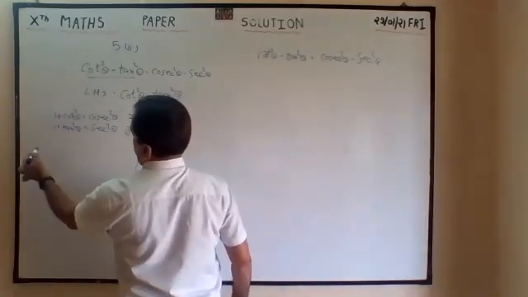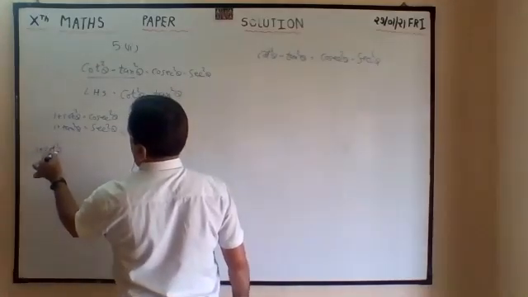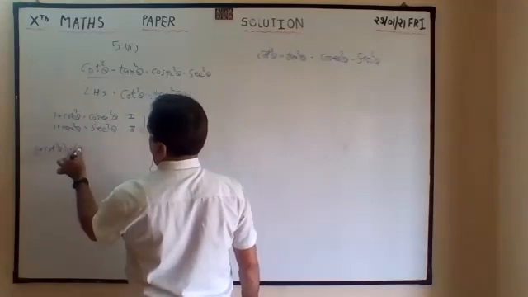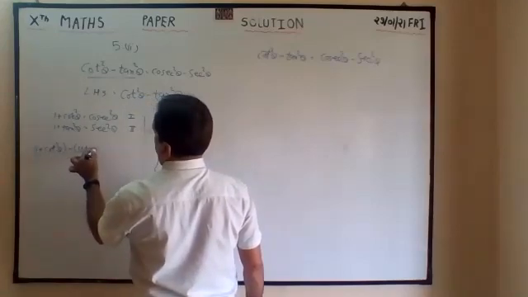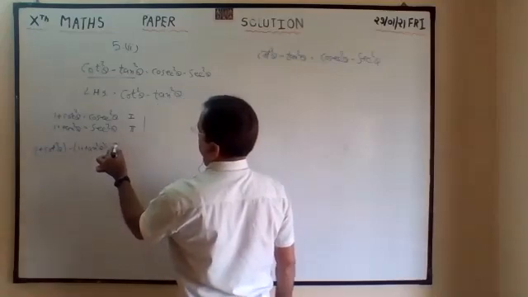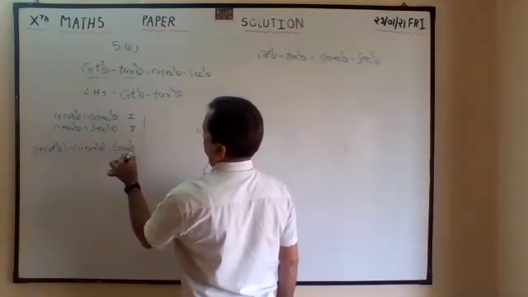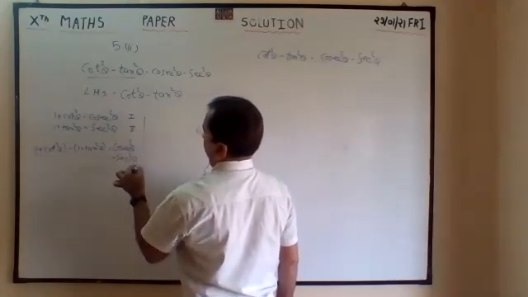So 1 plus cot square theta minus 1 plus tan square theta is equal to cosec square theta minus sec square theta.